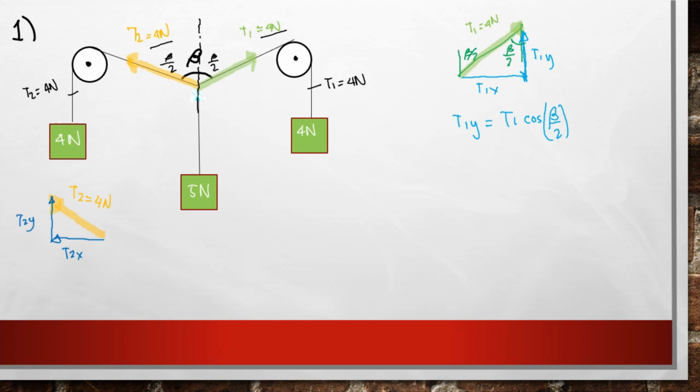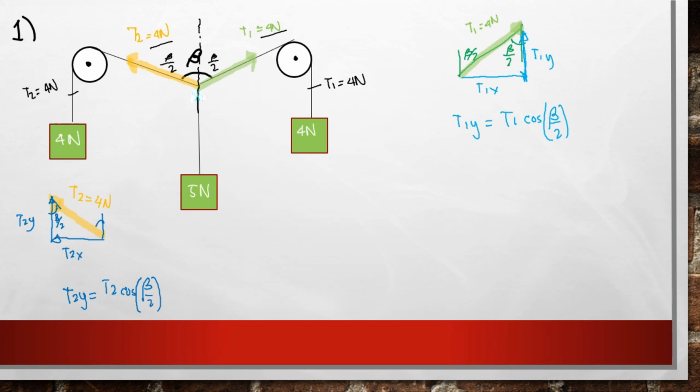That is T2y. Now, if this is beta over 2 here, it follows that this one here is beta over 2. Okay. What can you say about T2y? T2y will be equal to T2 cosine of beta over 2. That beta over 2. All right. Beta, not B. Okay? Sige po.